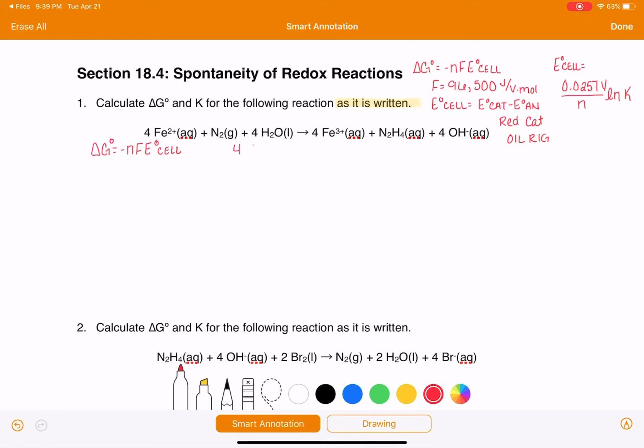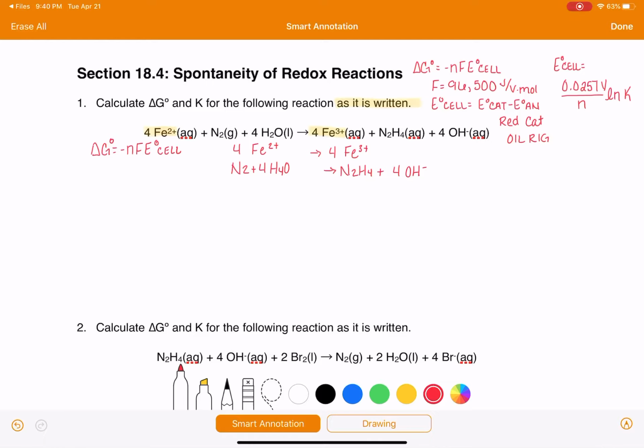I'm going to make a note of the rough outline of our half reactions. I'm trying to stay consistent with what makes sense. Iron turning into iron makes sense to me. And N2 plus 4H2O turning into N2H4 and 4OH minus also makes sense.